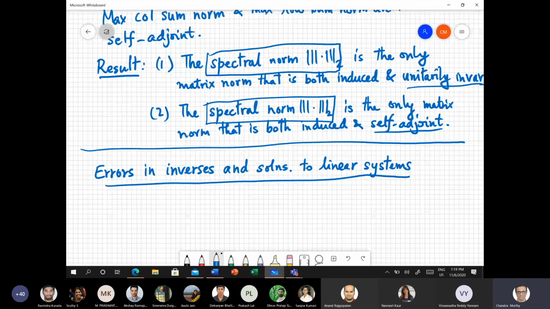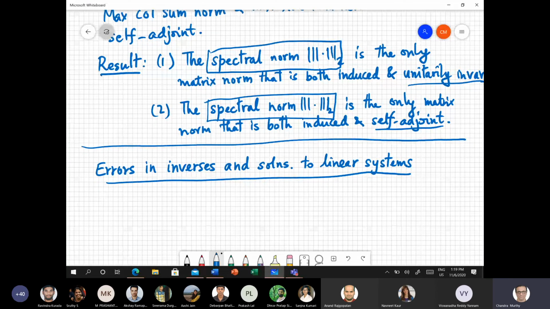Okay, so basically if we are given a matrix A which is non-singular, we know that A inverse exists.